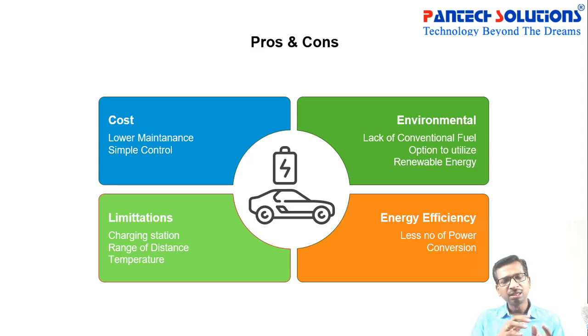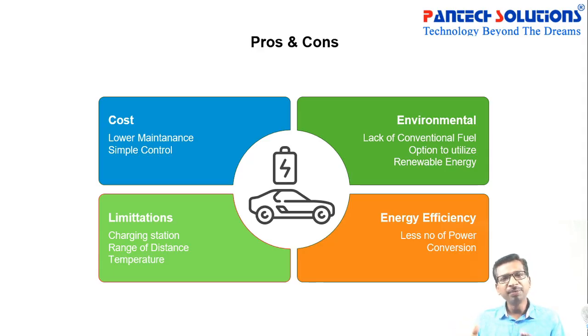On cost, the maintenance cost will be very low, but the initial manufacturing cost will be huge because the initial investment is high. So cost plays two different roles. And it is very easy to control the vehicle, and energy efficiency is high due to advancement in battery, motor, and advanced power electronic controllers, so we can extract maximum efficiency from the resources.